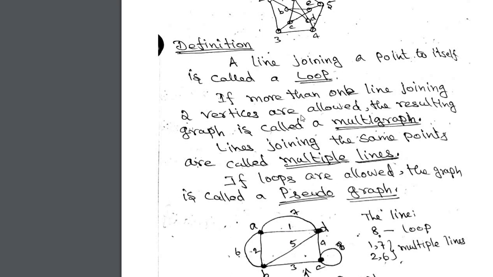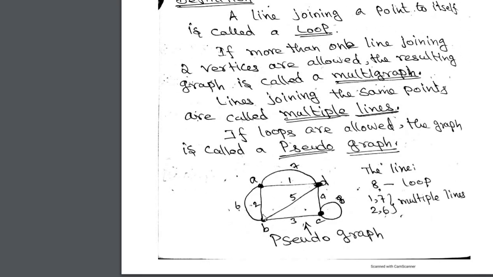Now you come to this definition, multigraph. If more than one line joining two vertices is allowed, the resulting graph is called a multigraph. So this graph is called a multigraph because the two vertices A and D, and also A and B, are joined by two lines. So this graph is called a multigraph because it has multiple lines.